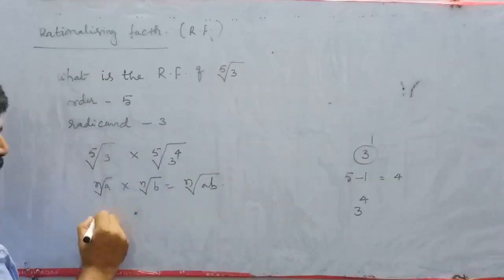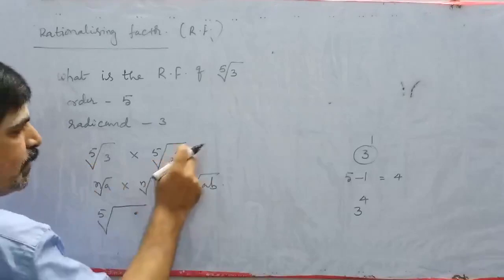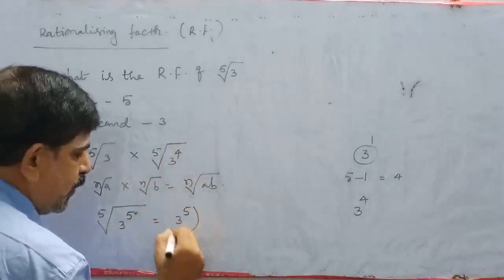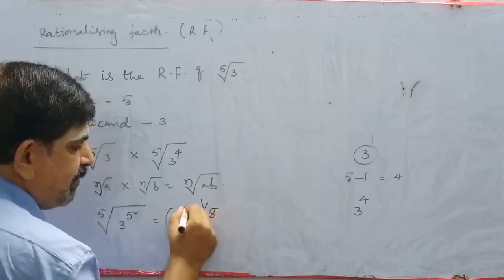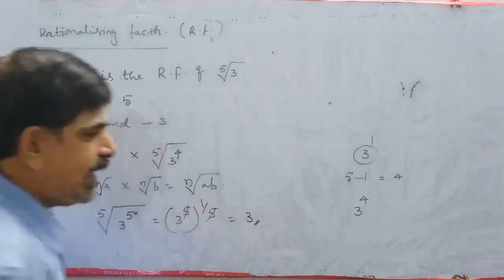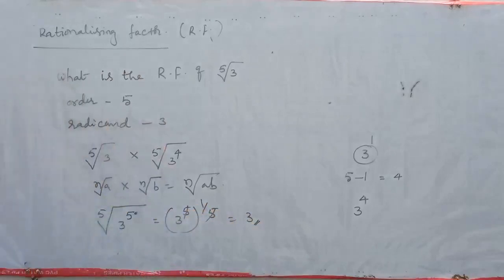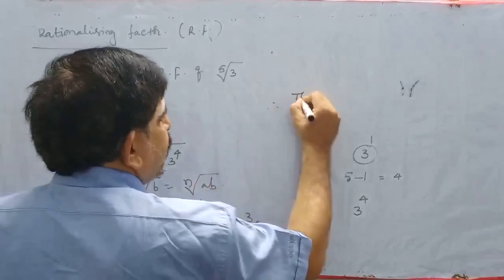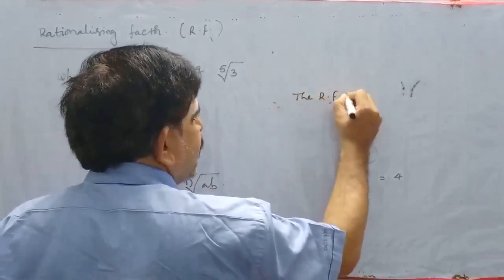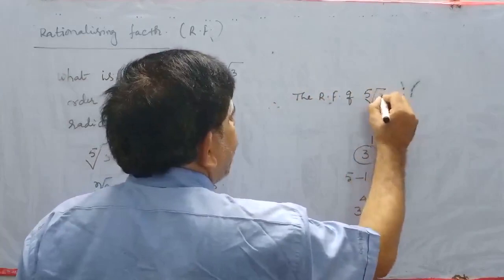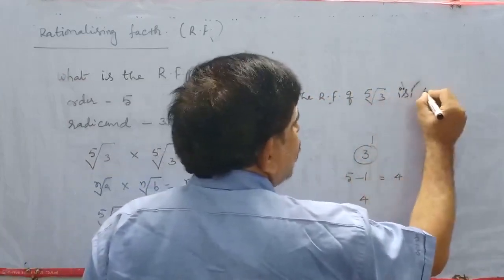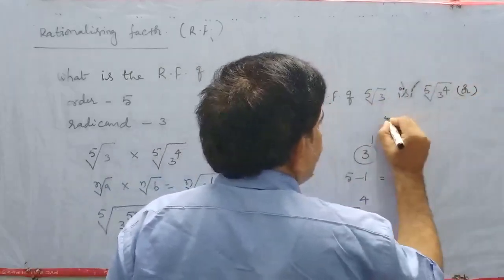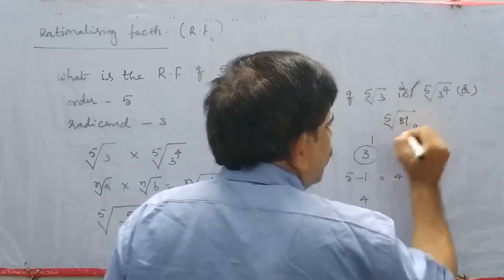So fifth root of 3 into 3 to the power of 4 is 3 to the power of 5, which is 3 to the power of 5 whole to the power of 1 by 5. So 5 gets cancelled, we get 3. This is the rational number. Therefore, the rationalizing factor, RF, of fifth root of 3 is fifth root of 3 to the power of 4, or fifth root of 81.